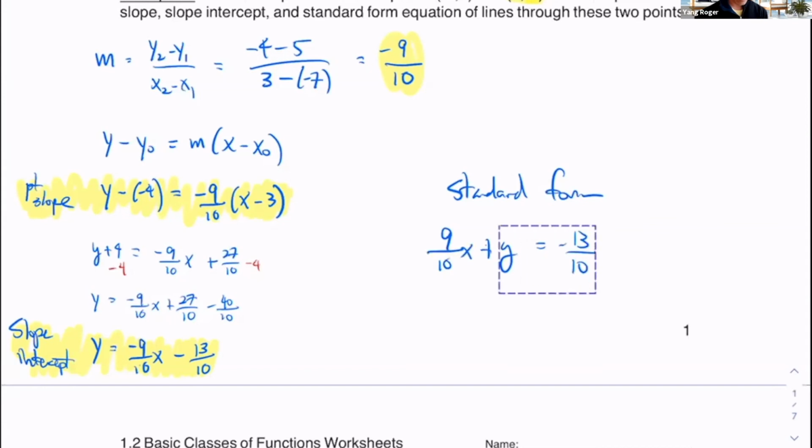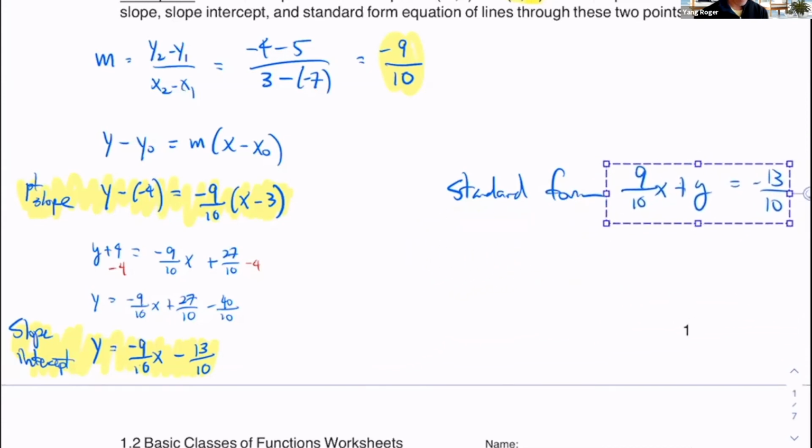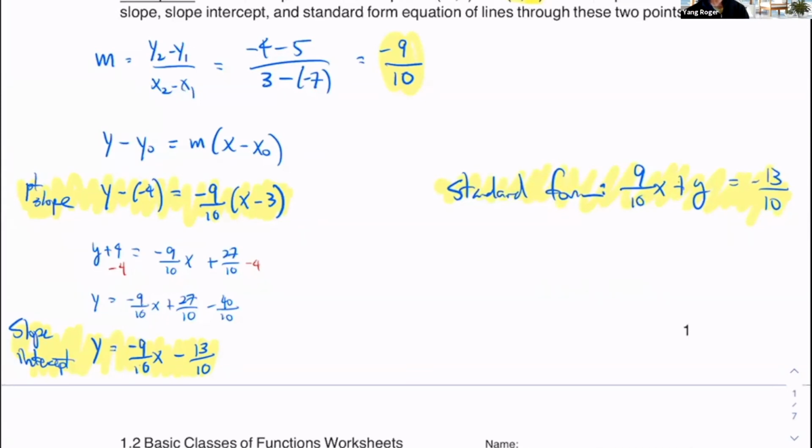Okay. So that's our standard form. Are there any questions about this? No. All right, great.